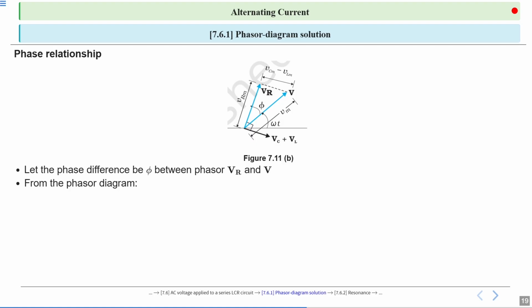Let the phase difference between phasor VR and V be phi. From the phasor diagram, tan phi is equal to VCm minus VLm upon VRm.